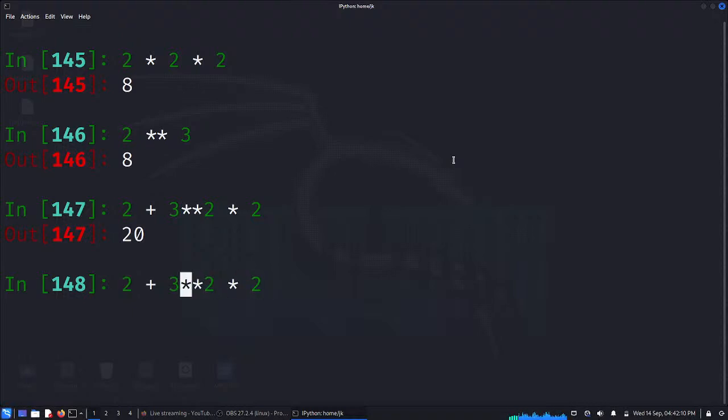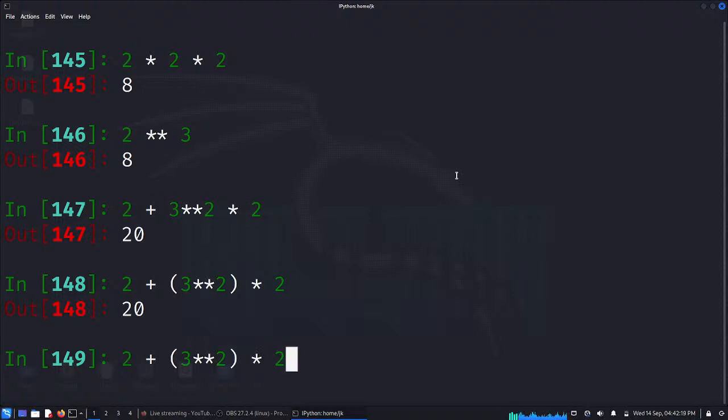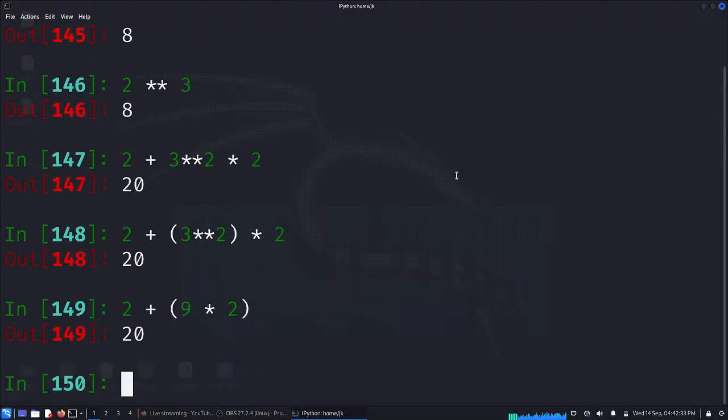The power operation has the higher priority, so that happens first. After that you get 3 times 3 to the power of 2, which is 9, so you get 9, then this happens, and finally we get 20. So we see that no matter what, this is done first.